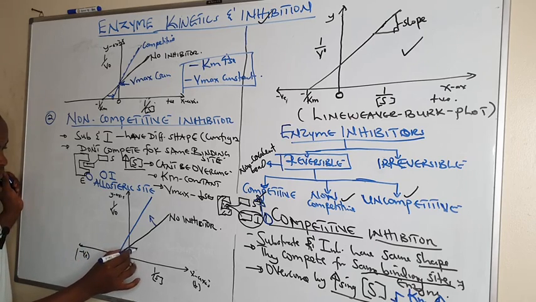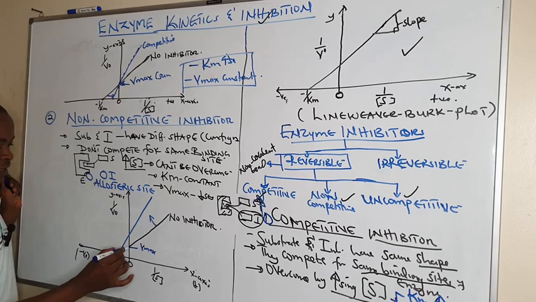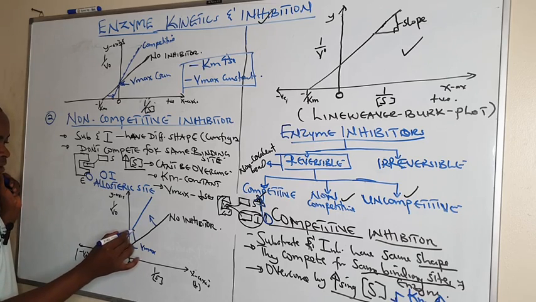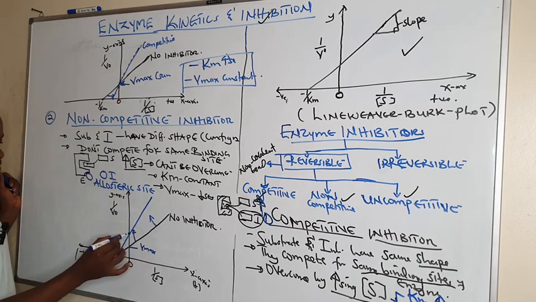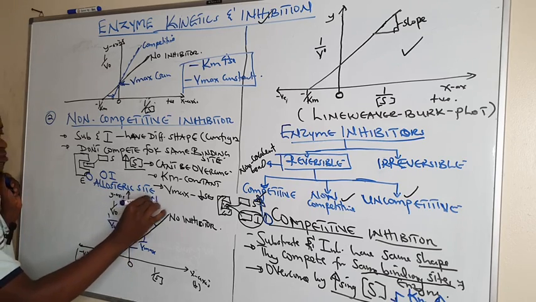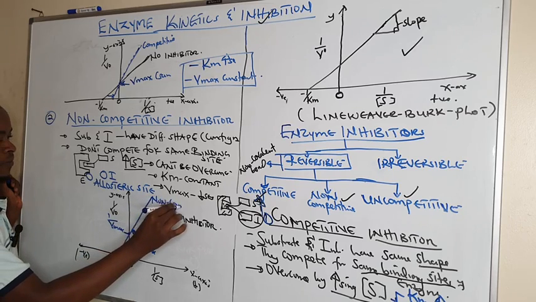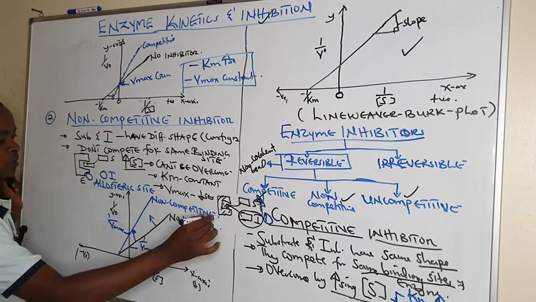So this was 1 over Vmax with no inhibitor, which is high, but now it has decreased by going up. So this one becomes the 1 over Vmax of the non-competitive inhibitor.